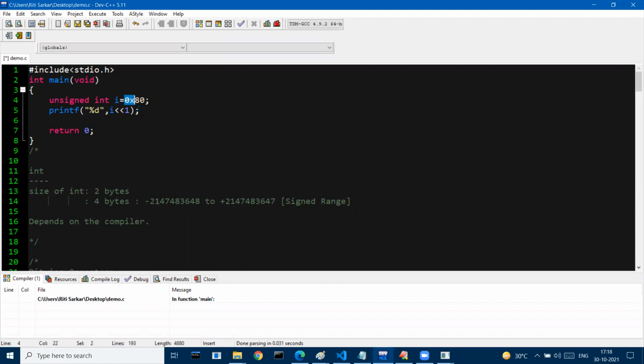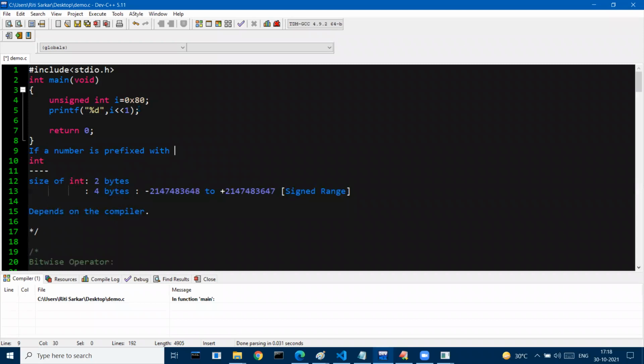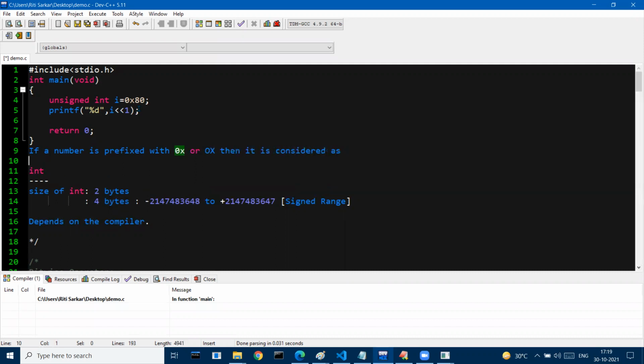What is it? If a number is prefixed with 0 small x or 0 capital X, then it is considered as a hexadecimal number.